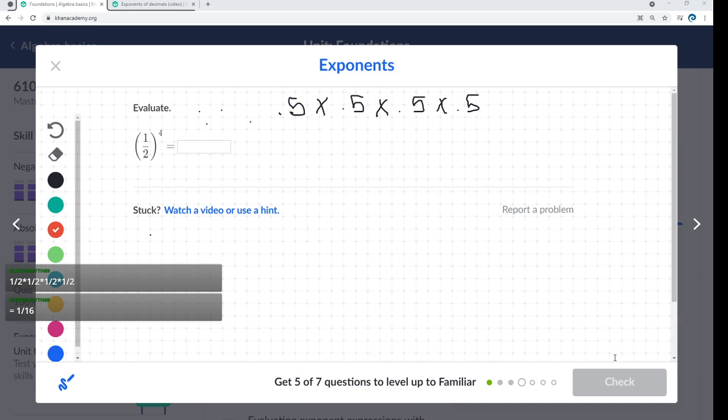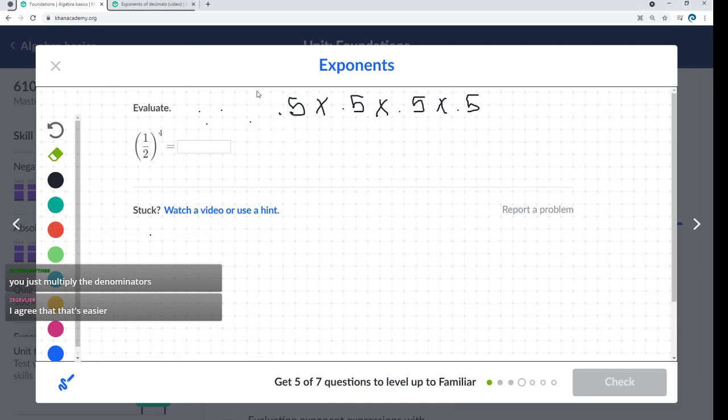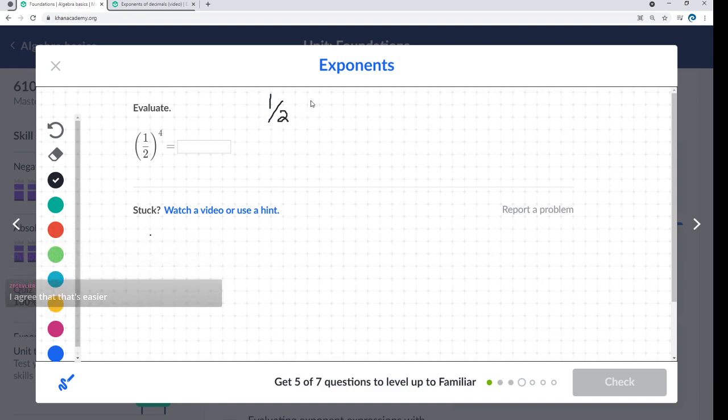Multiplying fractions is way scarier though. You just multiply the denominators. Oh, so if I just did, okay, hold on. I'm getting schooled by the kids here, trying to put me on. So if I just did 1/2 times 1/2 times 1/2 times 1/2.